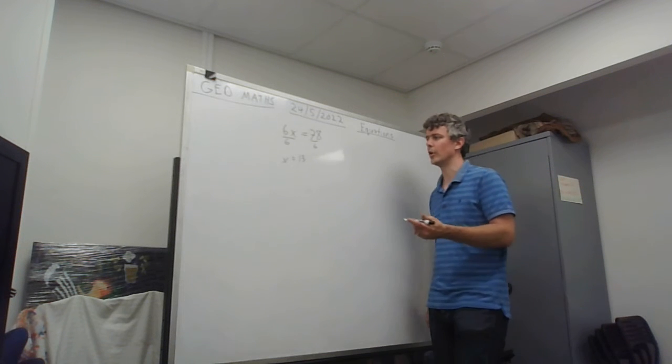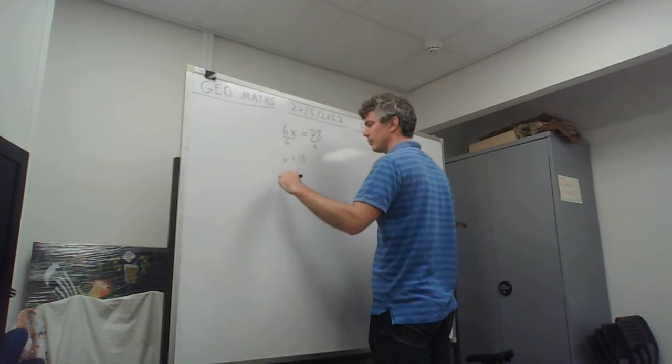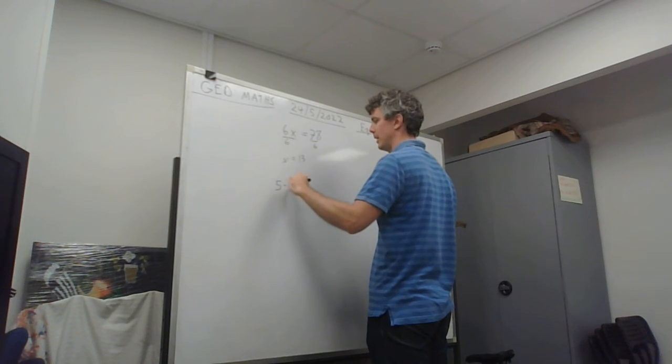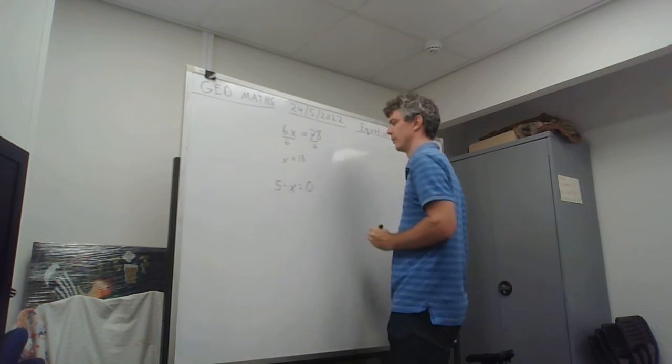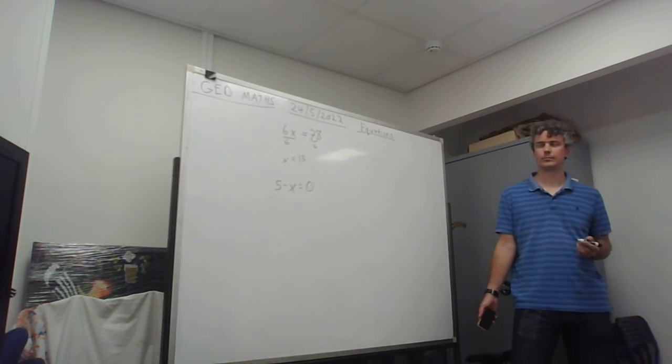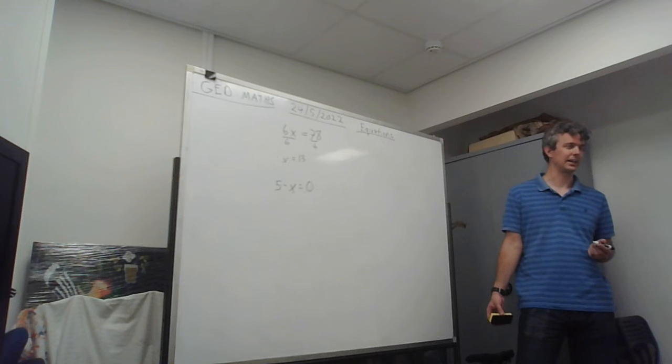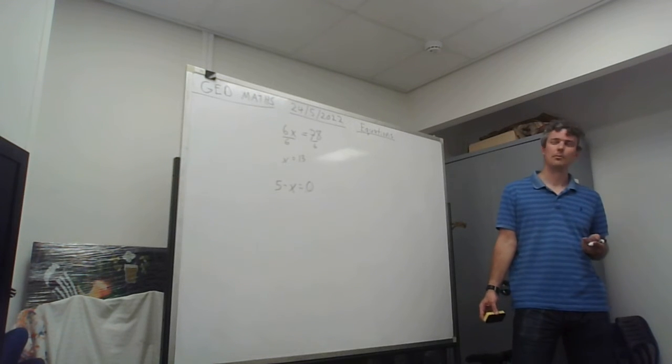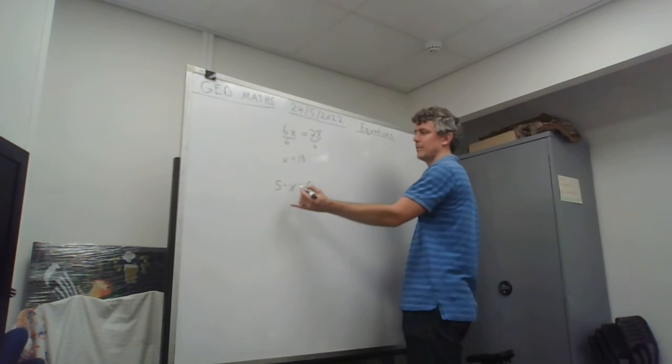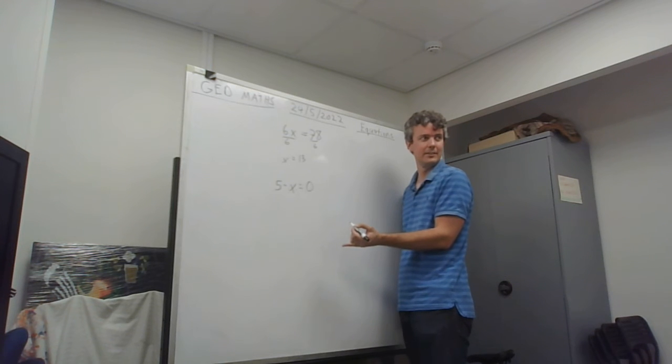Or you can have 5 minus x equals 0. Exactly. You can see it. The way we would solve it is, we add x to each side, right?